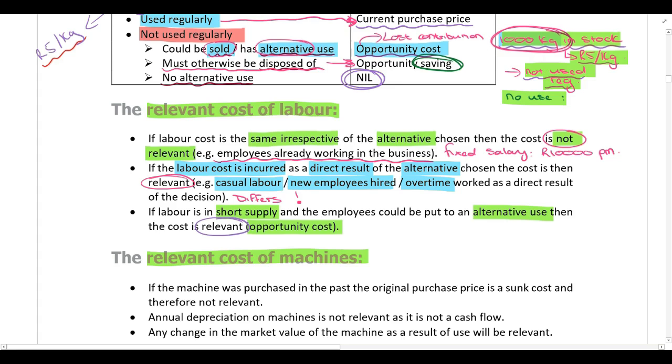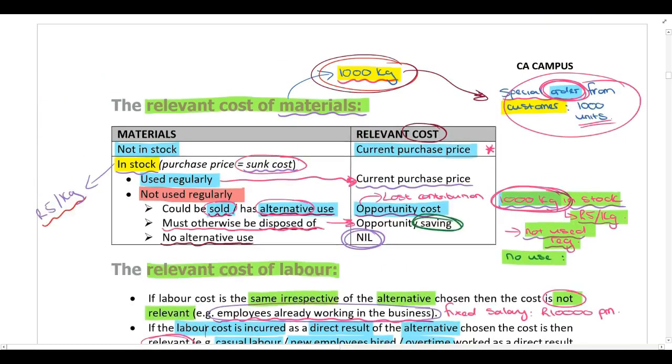So what do I mean? If we use these employees that are already working in my business in order to make the units for the special order, then they won't be able to work on the normal units that they would normally be making, which means I've got an opportunity cost. They're going to be working on this order. They can't be working on anything else.